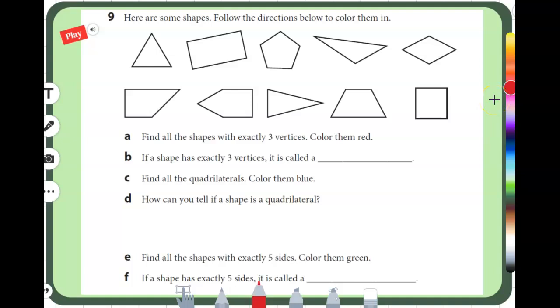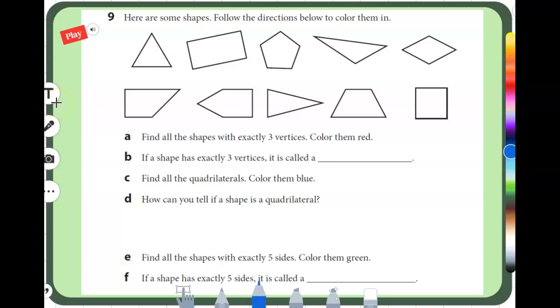Letter C says find all the quadrilaterals and color them blue. Change the pen to blue and color in the quadrilaterals. Letter D says how can you tell if a shape is a quadrilateral? You can use the microphone or text tool to tell how you know.